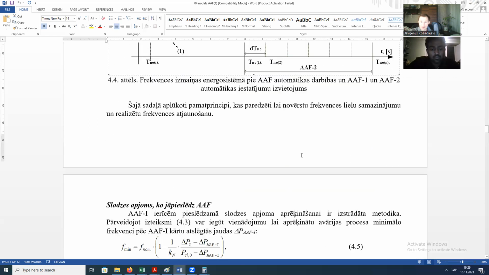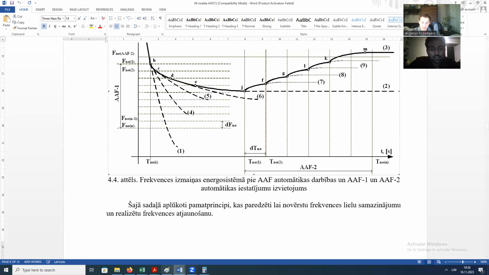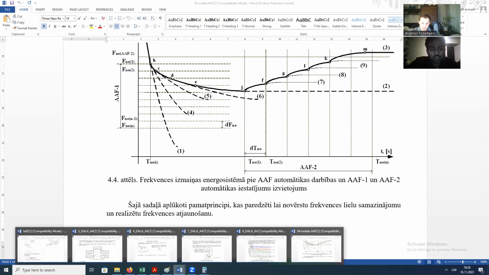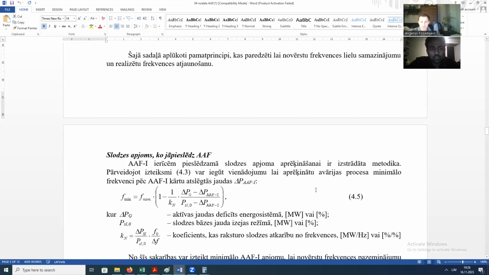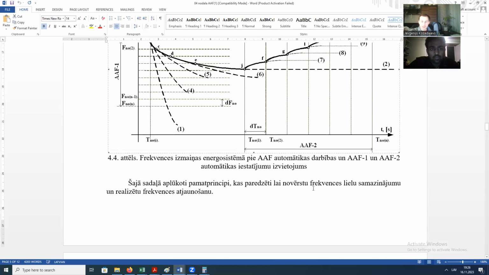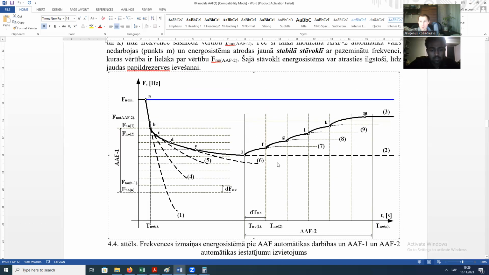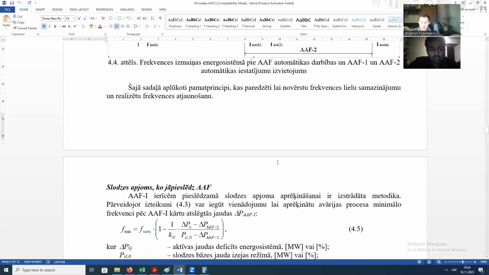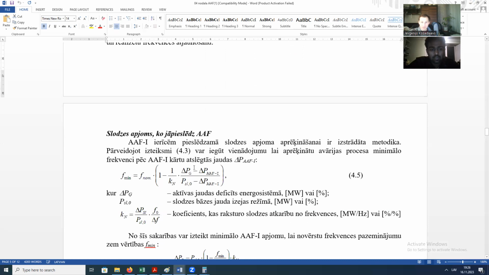This is how it works. And here, okay, maybe we could come here to whatever we could. The formulas are the same. And here are some formulas for how we could calculate set points for this under frequency automation. First of all, the first formula, 0.5, lets us understand the minimal possible frequency in a case of deficit.